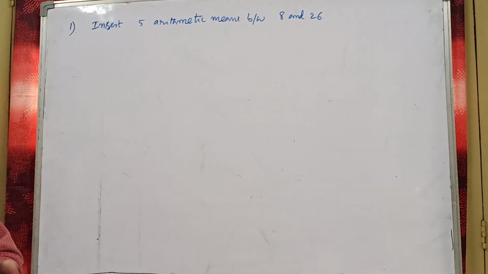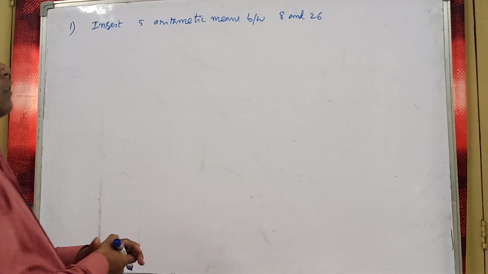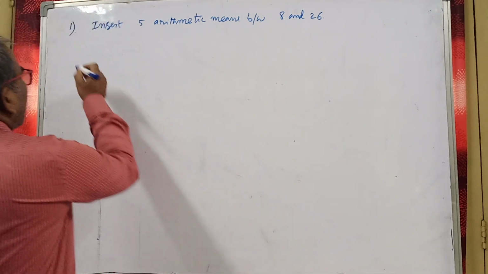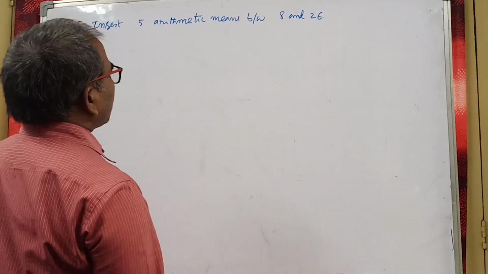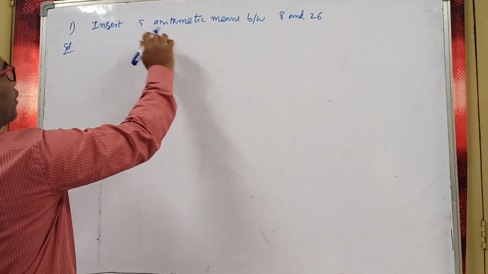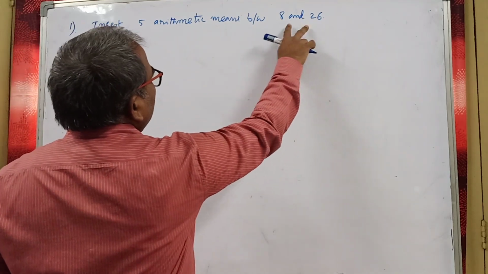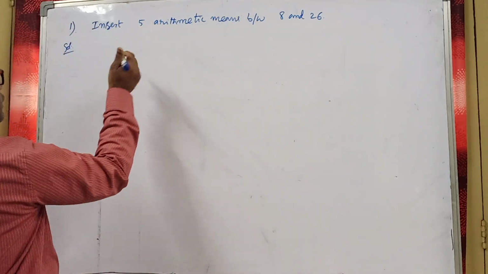Insert 5 arithmetic means between 8 and 26. So how do you do? See, we have learned already how to solve this. What is given? Between 8 and 26 we need to insert 5 arithmetic means.